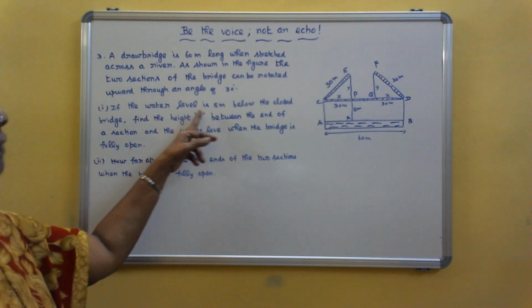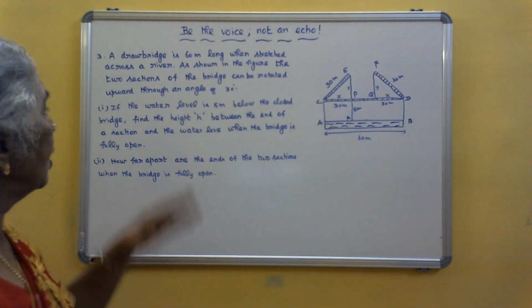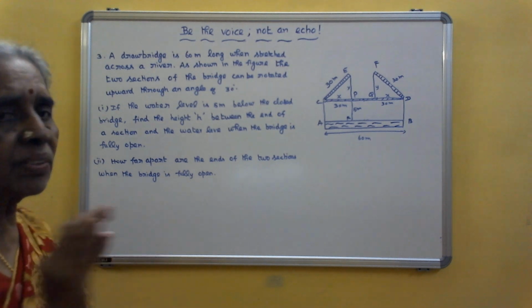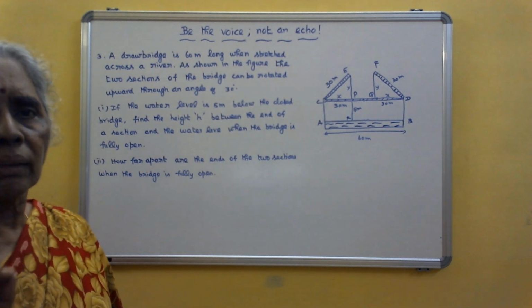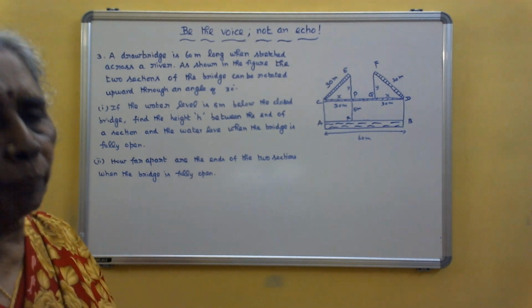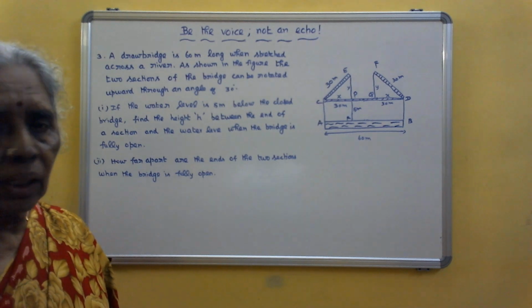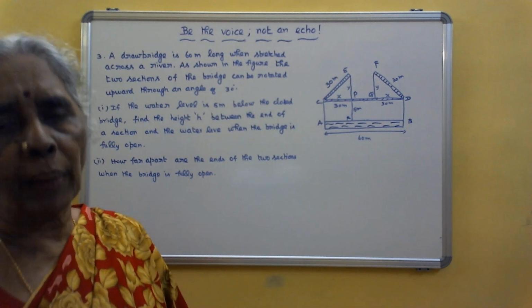If the water level is 5 meters below the closed bridge, find the height h between the end of a section and the water level when the bridge is fully open. How far apart are the ends of the two sections when the bridge is fully open?